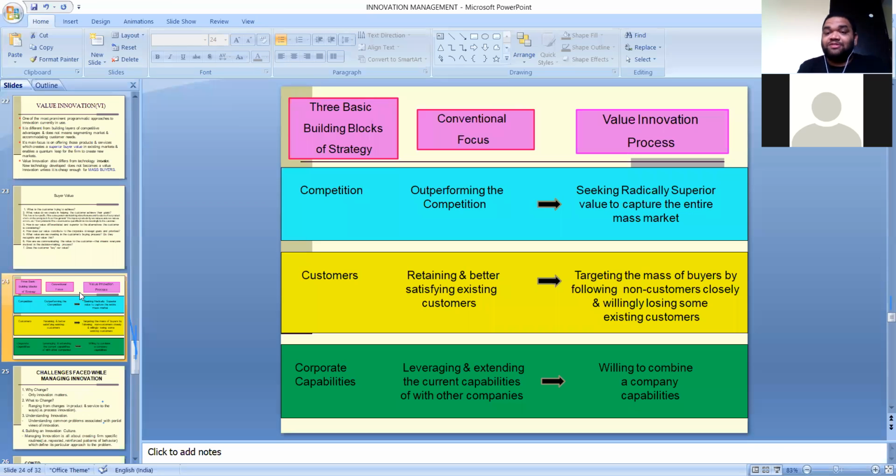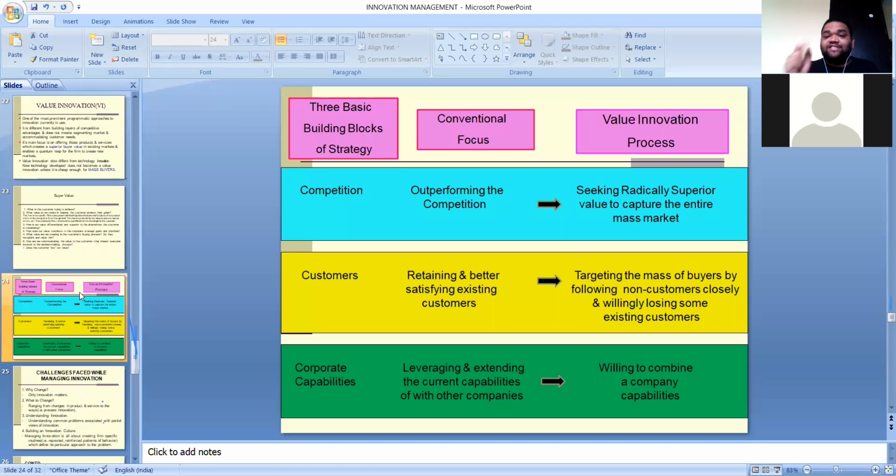Our existing customers are very important, so we have to satisfy them. Retaining the customers is very important, and getting new customers is also very important. So we have to maintain the customers.